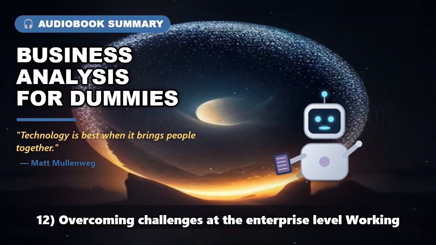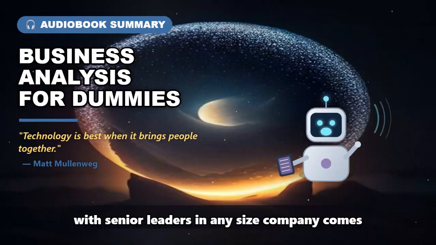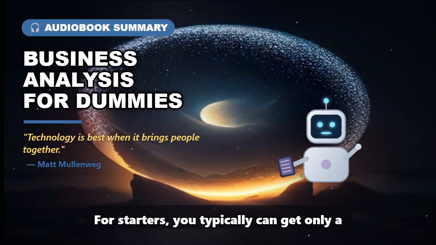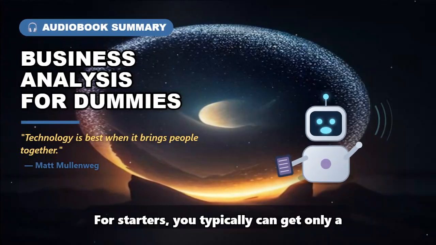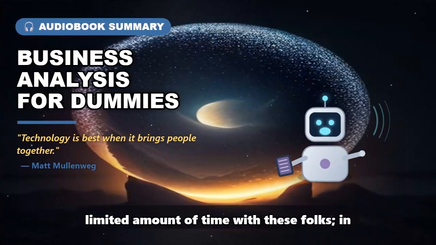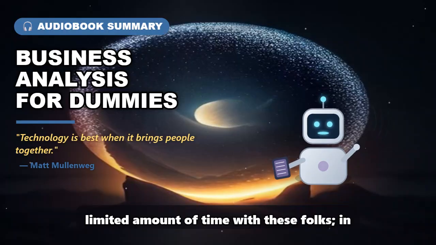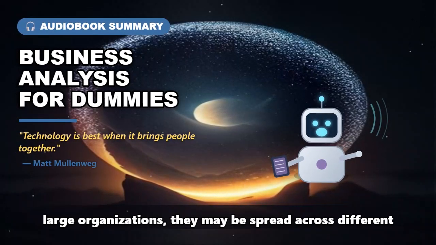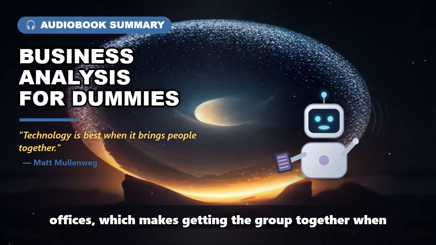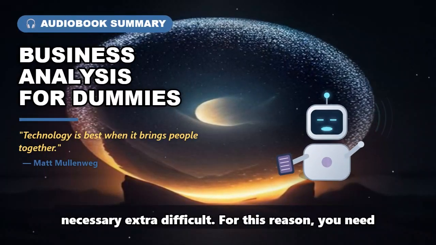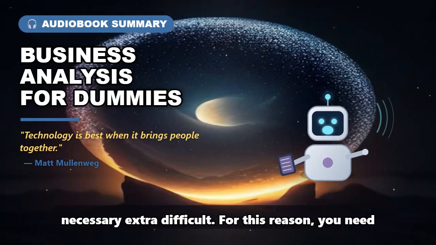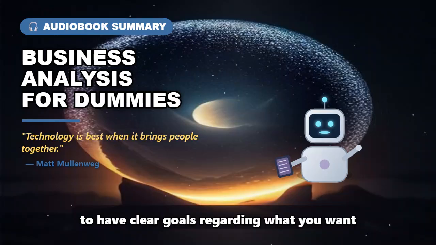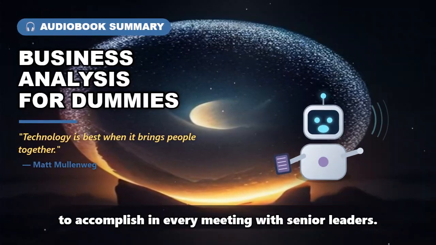Overcoming challenges at the enterprise level. Working with senior leaders in any size company comes with challenges. For starters, you typically can get only a limited amount of time with these folks. In large organizations, they may be spread across different offices, which makes getting the group together when necessary extra difficult. For this reason, you need to have clear goals regarding what you want to accomplish in every meeting with senior leaders.